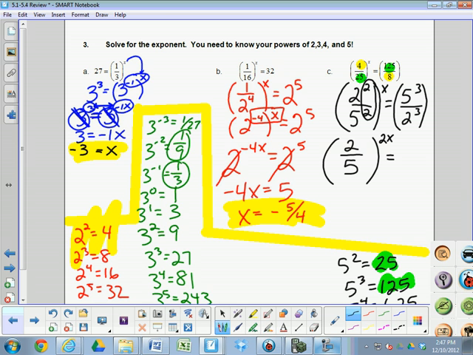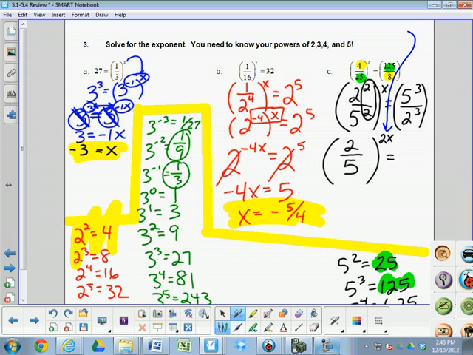Because when you have a power to a power, you can multiply the exponent. The student asked if, wouldn't you have parentheses there? And it would have looked like this. It would have been 2/5 squared to the x. And what I was saying is, what can we do with the 2 and the x? Multiply them, and we would have ended up right there.